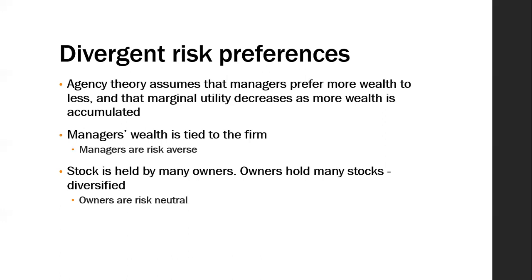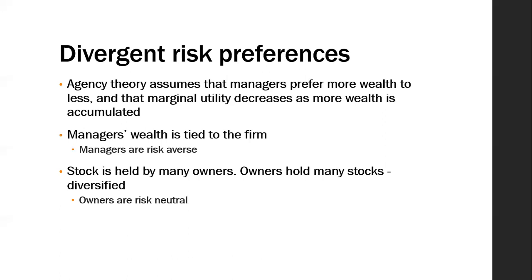They are not rich, they are also just employees, and a huge part of their income is from the compensation that they get from the company. And so their actions will likely be more risk averse. They want to protect the company more because their wealth is tied to the firm.